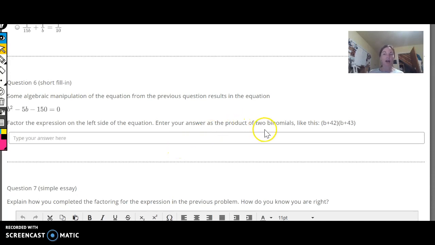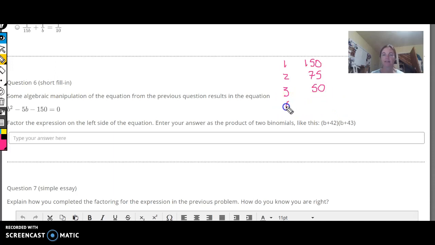So let's just see if we can come up with the factors of 150. You might see it right away, but let's do 1 and 150, 2 and 75, 3 and 50, 4 won't go in there.